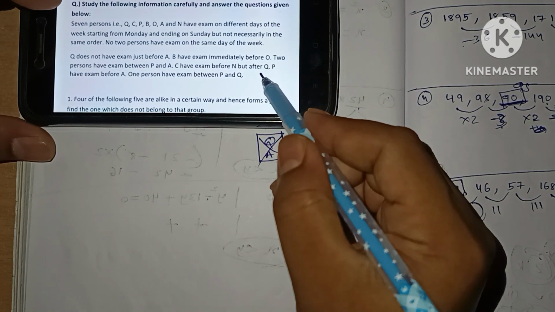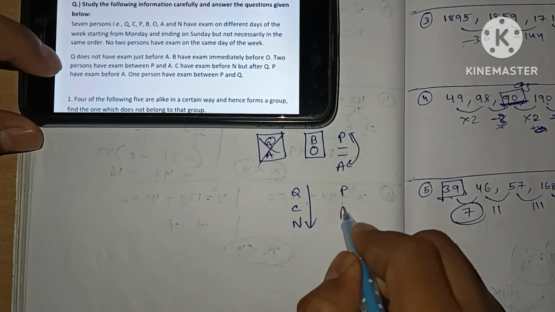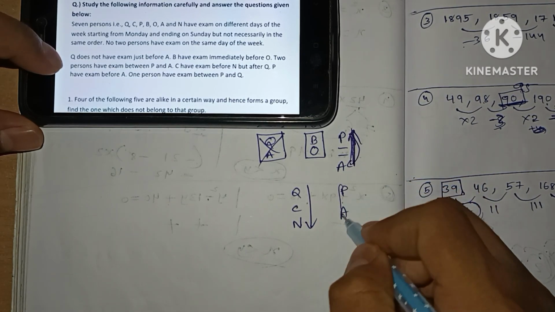Next, P has exam before A, which means the sequence is correct here.